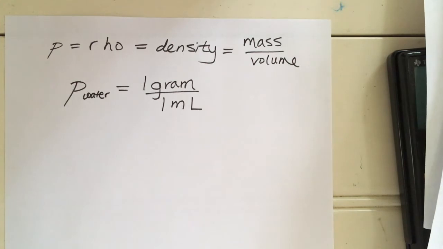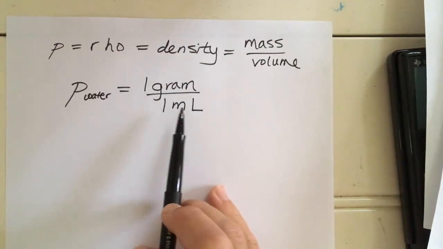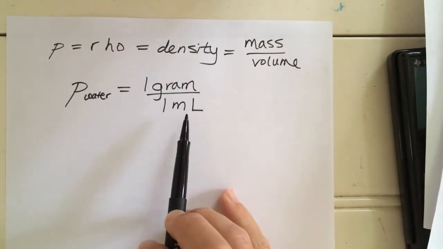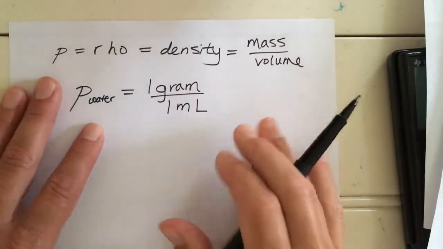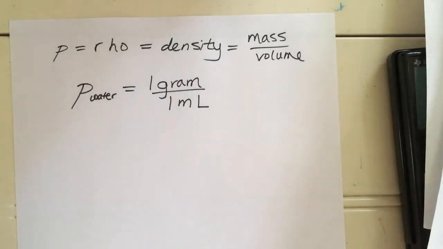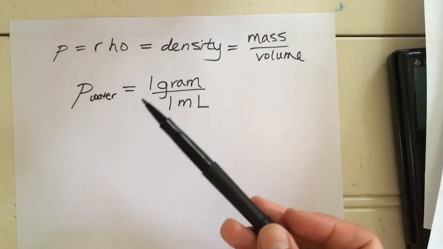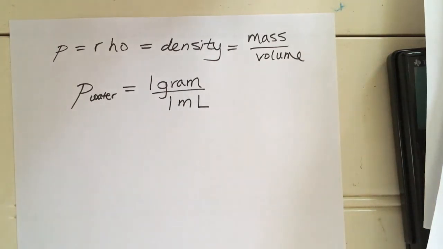And you might say, well, that's pretty convenient, because you measure mass in grams and volume in milliliters. So how is this true? Well, it's true because we set it this way. We set a standard for water because it's so useful in something like chemistry or in science, and we set it so that 1 gram is the same as 1 milliliter.